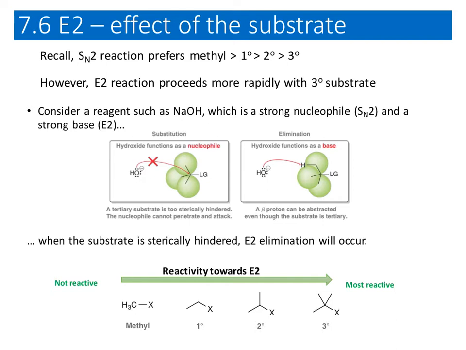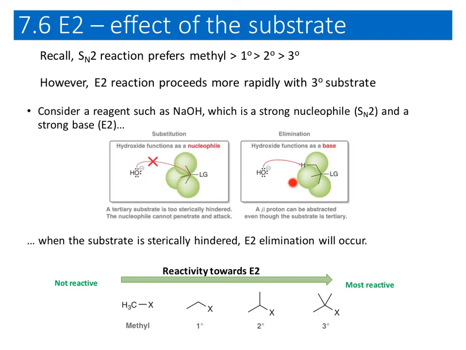Now, if you consider elimination reaction, this is alpha carbon and this is beta carbon. So it is much easier for the base to abstract the beta hydrogen and form the elimination product. Therefore, elimination is happening over a tertiary substrate faster than the substitution reaction.